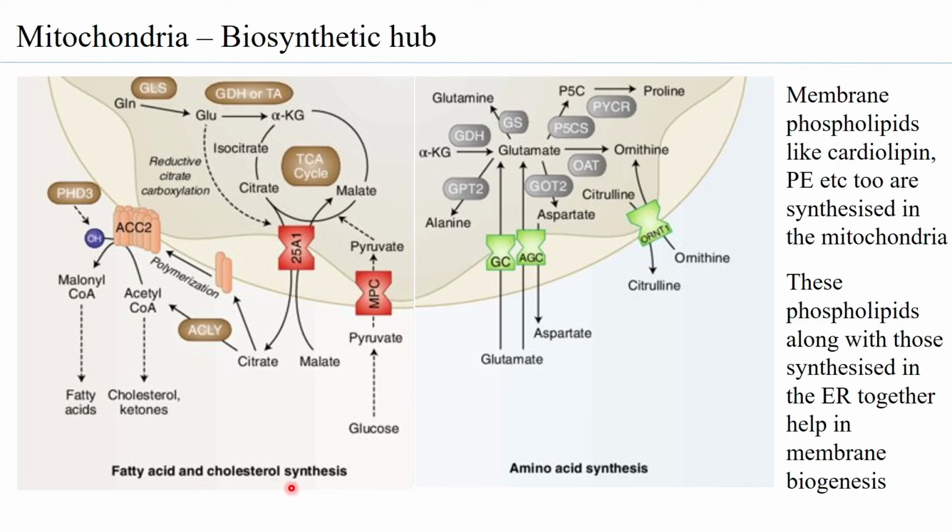Similarly, you have fatty acid and cholesterol synthesis. You have amino acid synthesis also happening inside the mitochondria. And many of the membrane phospholipids like cardiolipin, phosphatidylethanolamine, etc. too are synthesized in the mitochondria. These phospholipids then move to the ER, where the other phospholipids are synthesized, and together they help in membrane biogenesis.